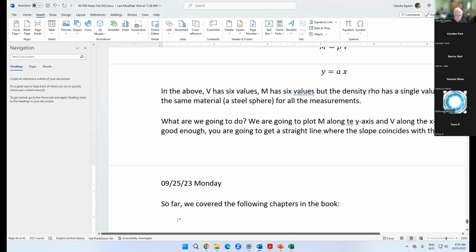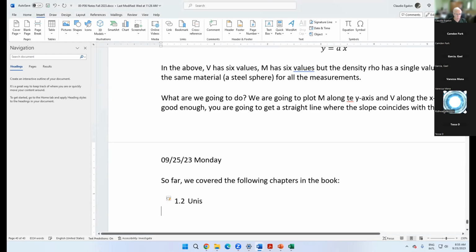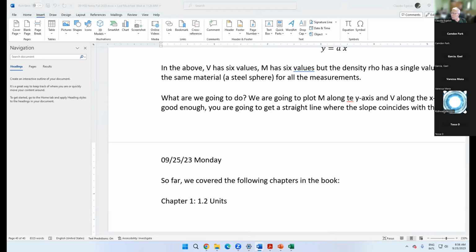In chapter 1, we covered section 1.2, units, and scalars and vectors. That's all we covered in chapter 1 so far, and very soon we are going to be covering more of chapter 1.